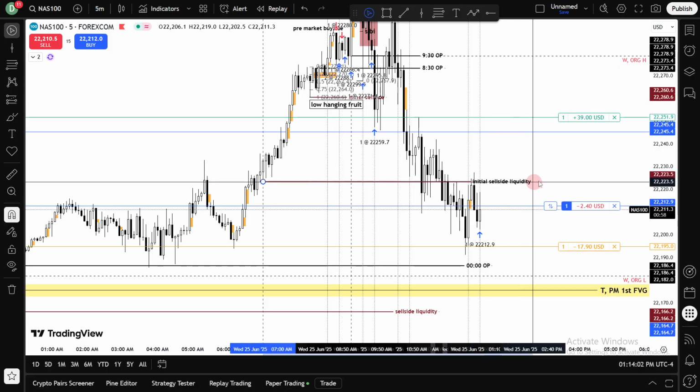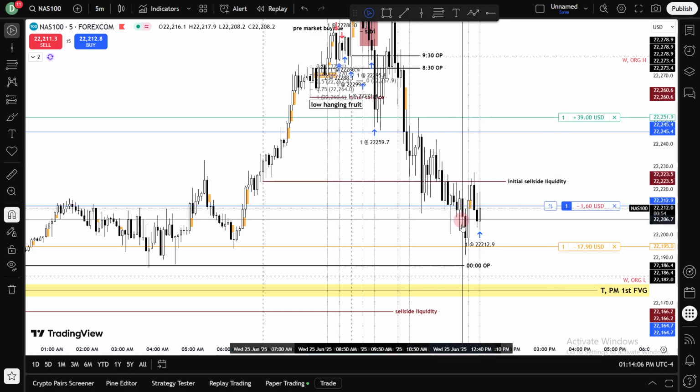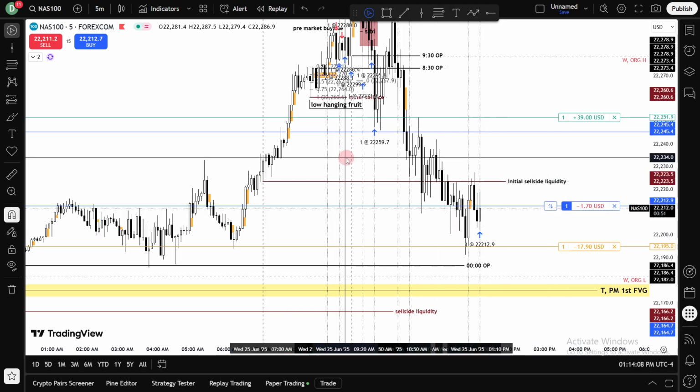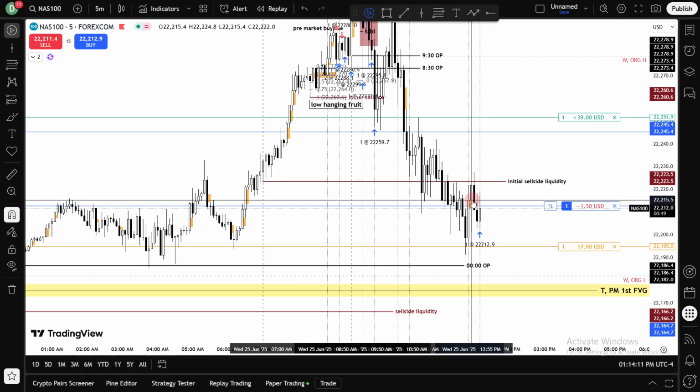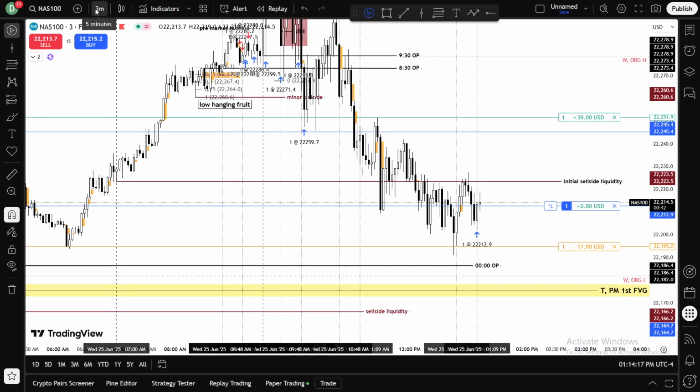That is the initial sell side, which is the market liquidity has been taken out, but it needs to close above this. That would be good for us. Fine.